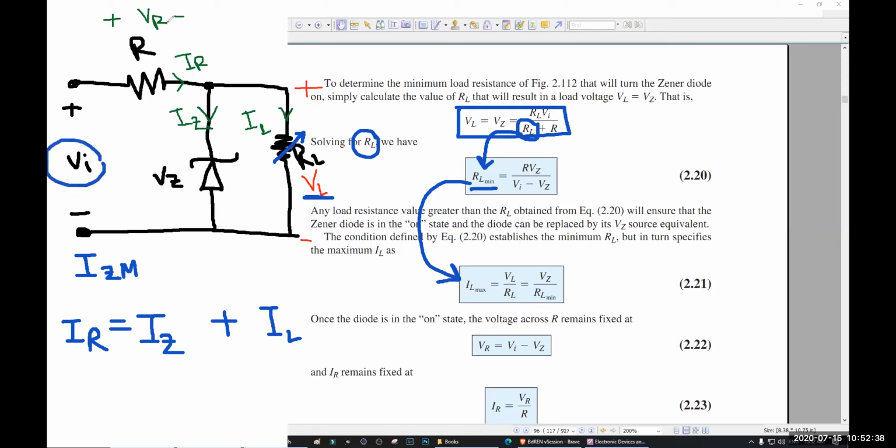If VI is fixed, that means VR is also fixed. VZ is fixed. So this current is fixed. This current does not have any maximum or minimum. Now which one has maximum and minimum? This one and this one. If this is maximum, this is minimum. Or in other words, if this is minimum, this is maximum.